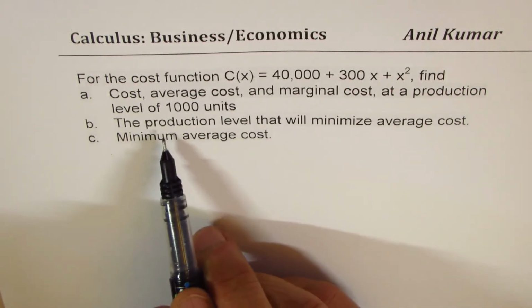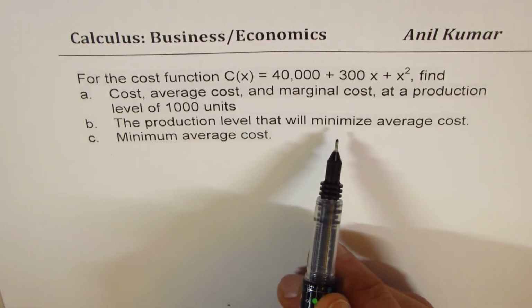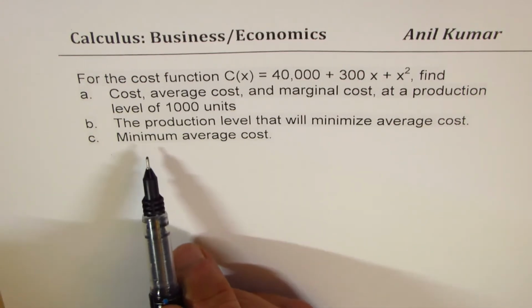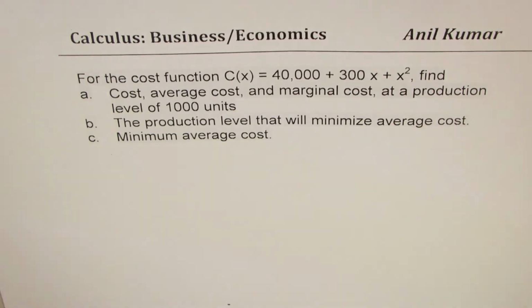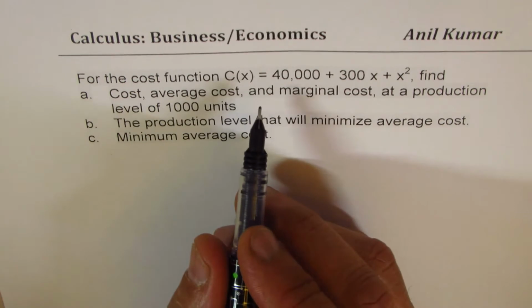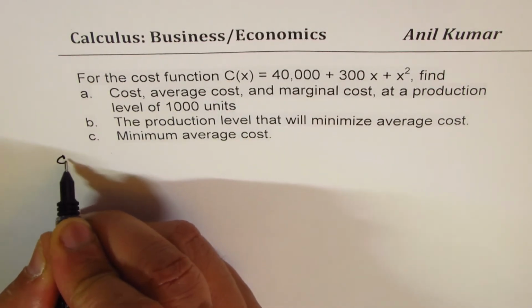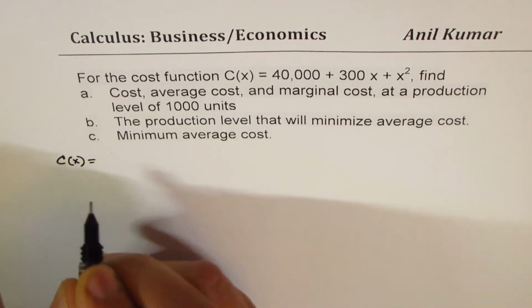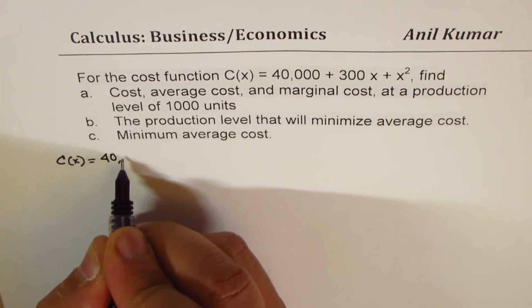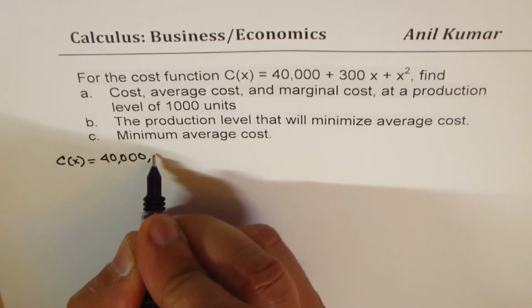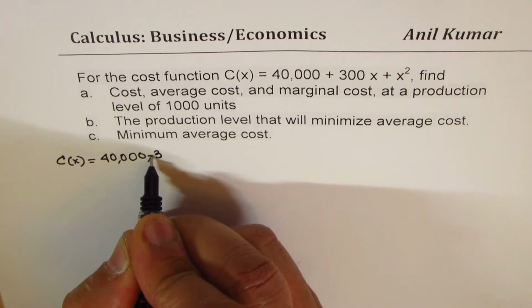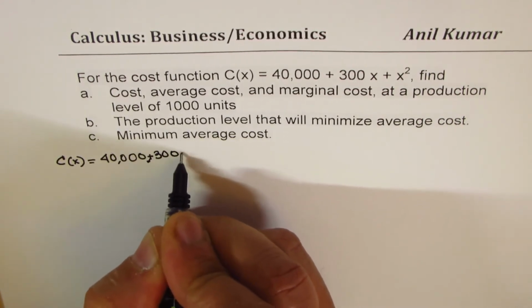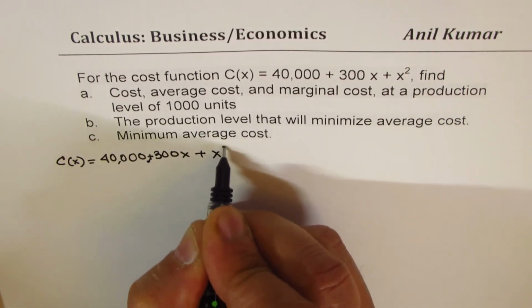Part B is the production level that will minimize average cost, and then we have to calculate the minimum average cost. Correct? So we are given the cost function capital C of x as equal to 40,000 plus 300x plus x squared.